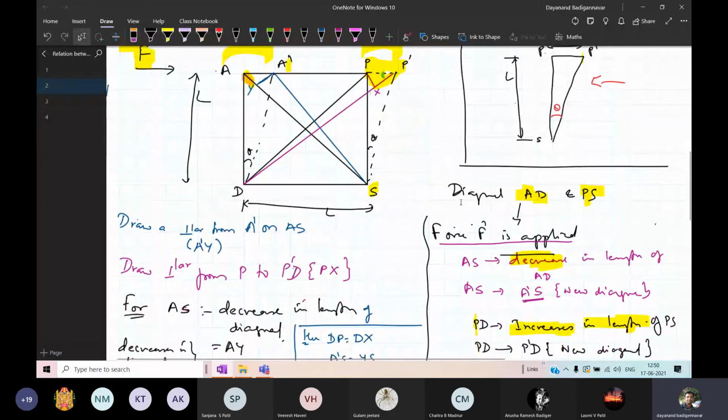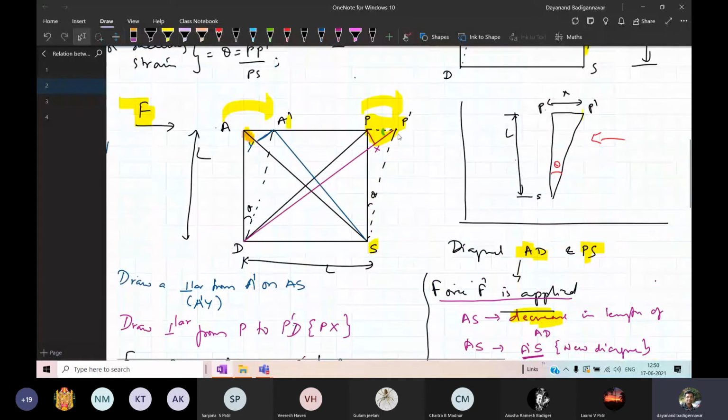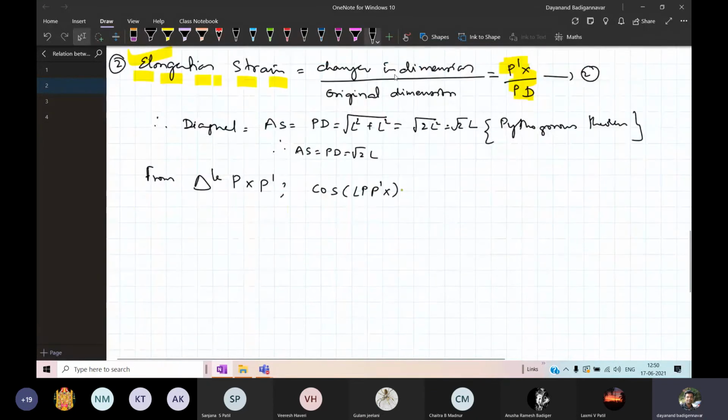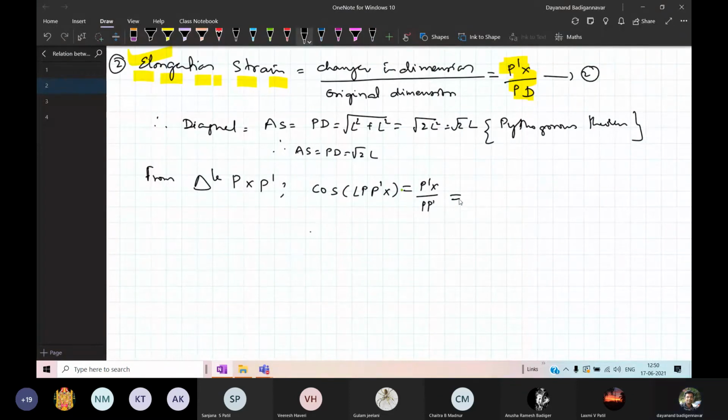What is the adjacent side here? Adjacent side is P dash X and hypotenuse is P dash. Therefore I can write cos of angle P dash X is equal to P dash X divided by P dash.